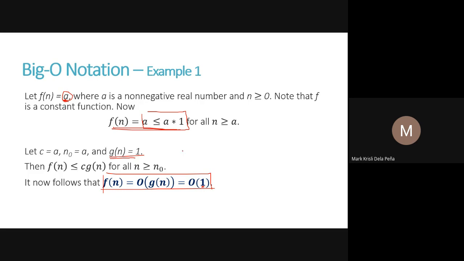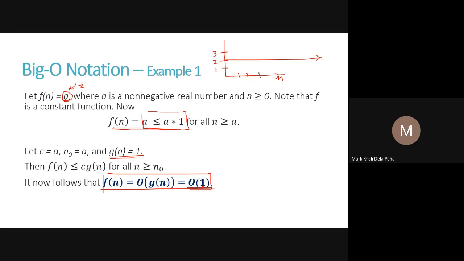Now, say if a here is equal to 2, then the growth rate of that function would only be equal to 2, even if n approaches infinity. It will be just equal to 2 for all time. So that is why its big O notation is equal to 1.